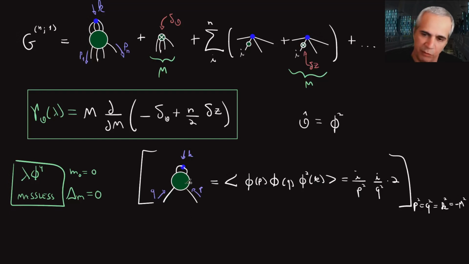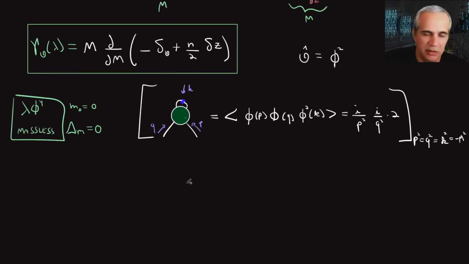At one loop, what is the first contribution to this, right? Again, we are in lambda phi 4, so I have a lambda phi 4 interaction. P and Q must be going in this lambda phi 4 vertex. So this is P, this is Q, right?